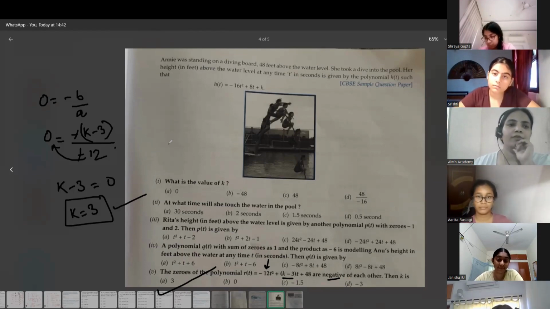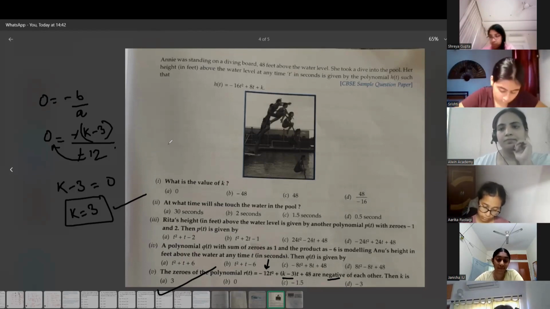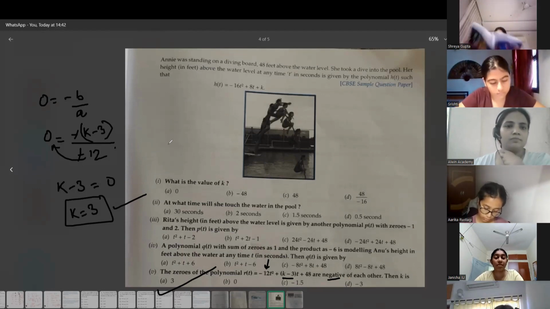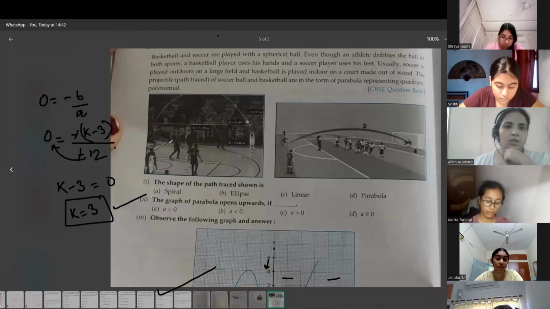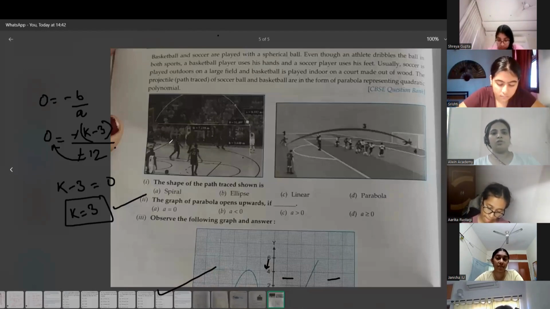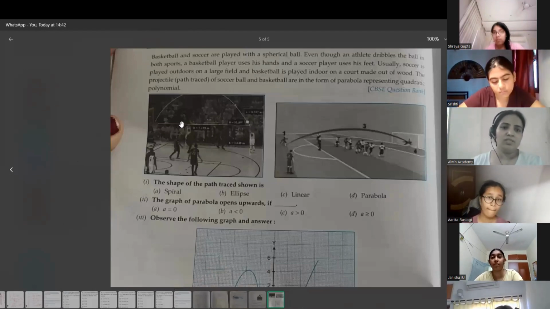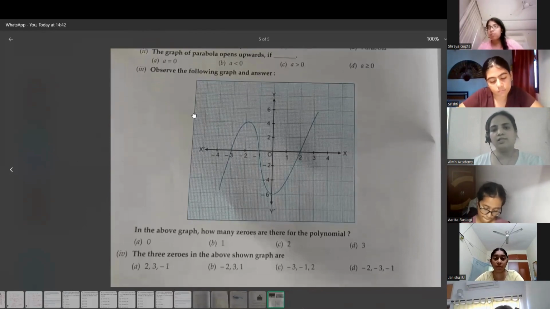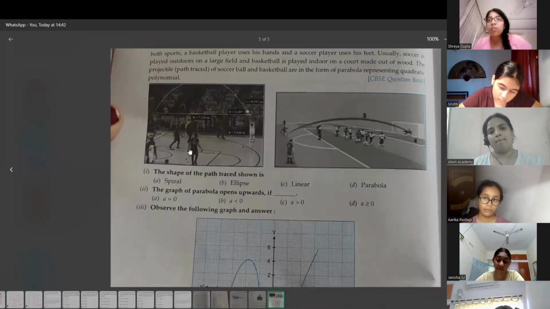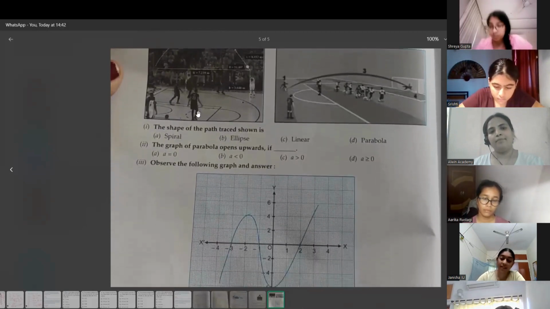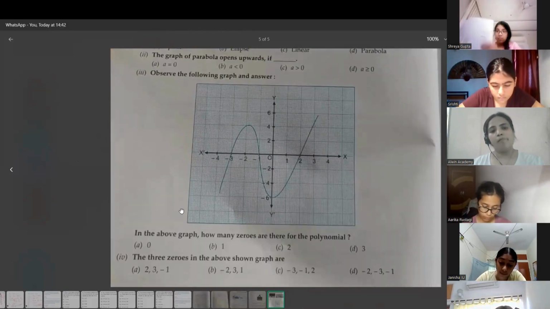Do it quickly. Now we have this next question on screen with us. Do it quickly so that we can discuss this too. This is an easy one. Very easy.